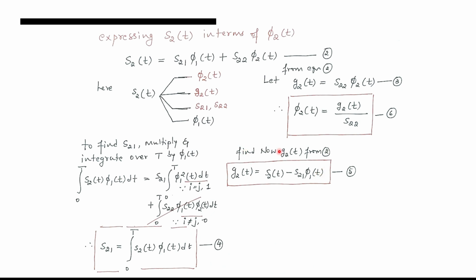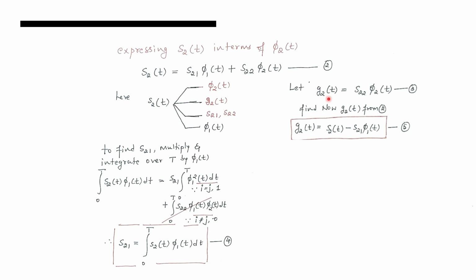Therefore, obtain G2 of t using these known terms. Once G2 of t is known, we can find phi2 of t. Phi2 of t is G2 of t by S22. Still S22 we don't know.